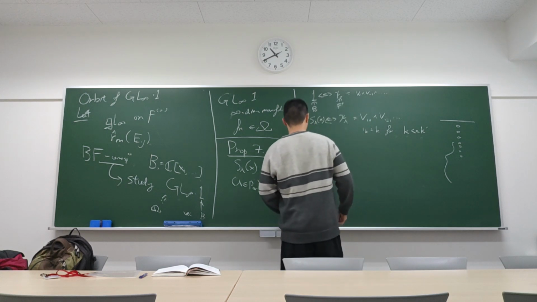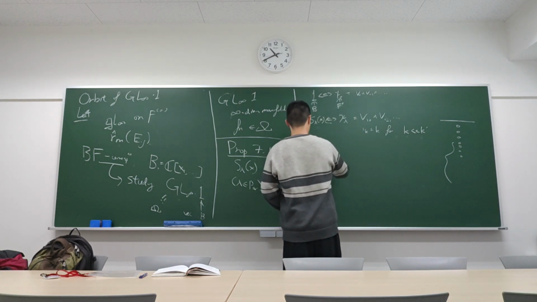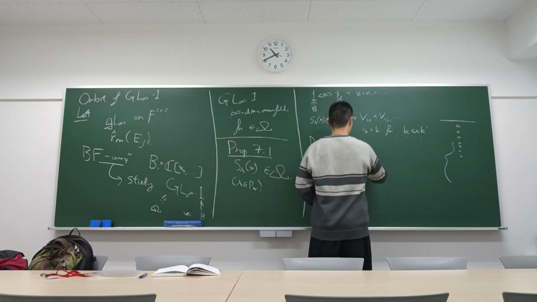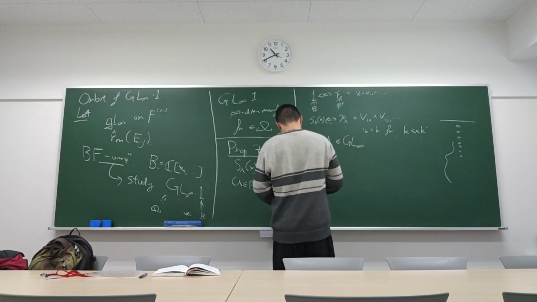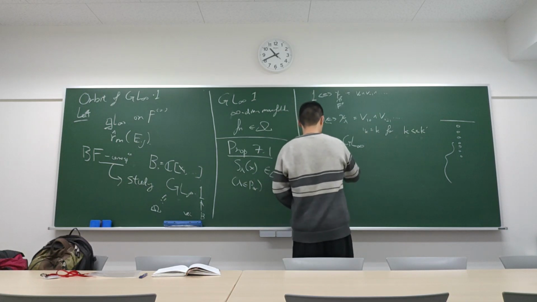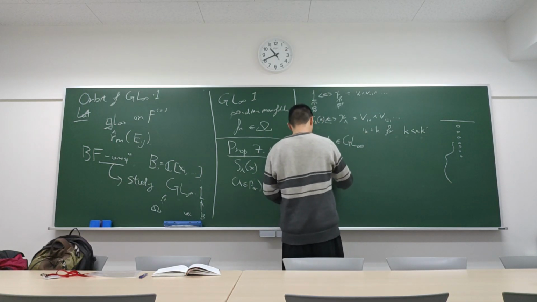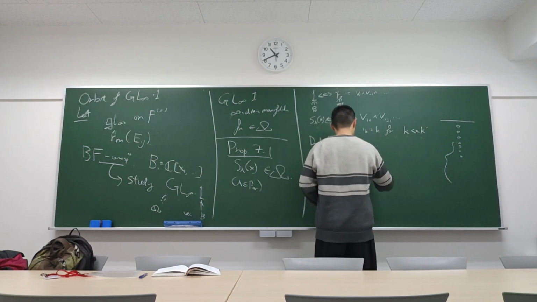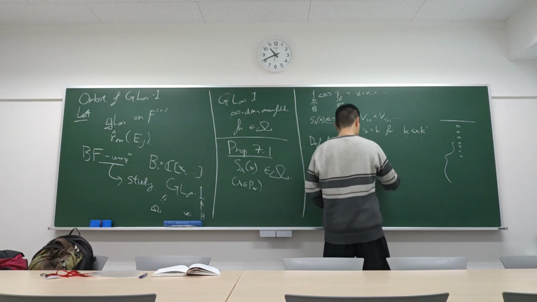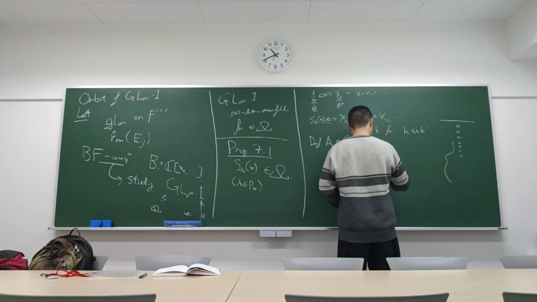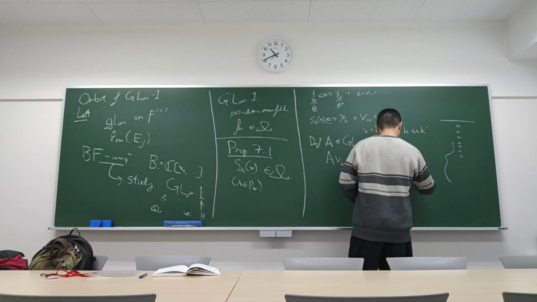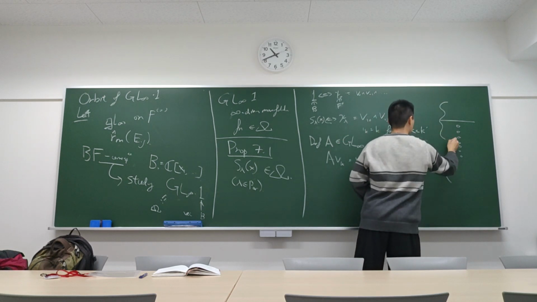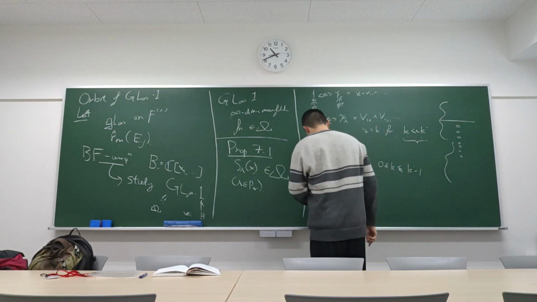Okay, so we are ready to define an element A of GL infinity. The action of A is given by exactly what you expect here. So v_k, if it hits v_k, it spits out v_{i_k}. This is for k between 0 and k prime minus 1, which is exactly the part that is shifting away from vacuum.